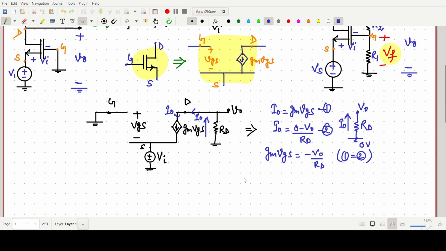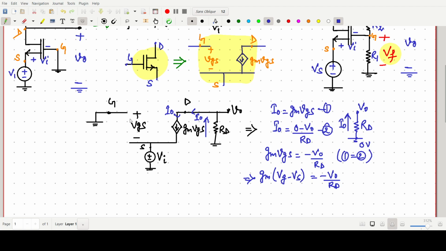Now see, gm times Vgs can be written as gm times (Vg minus Vs) equals minus V naught upon Rd.